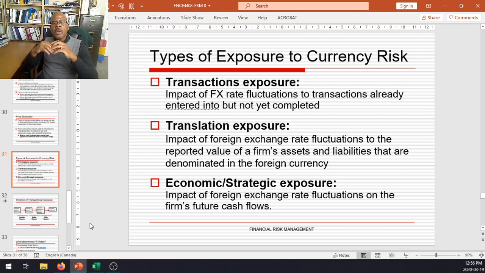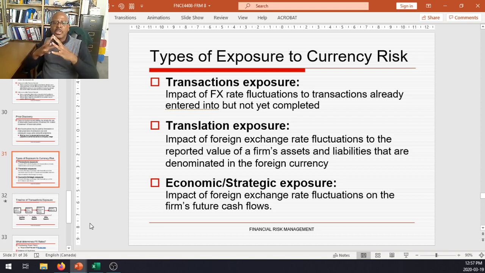That is, for every single commercial transaction that the firm enters into involving a foreign currency, the firm will face some risk that the value of that transaction or the cash flows from that transaction could go up or go down depending on whether the exchange rate changes. That's transactions exposure. That happens, of course, quite frequently and is fairly easy to assess.